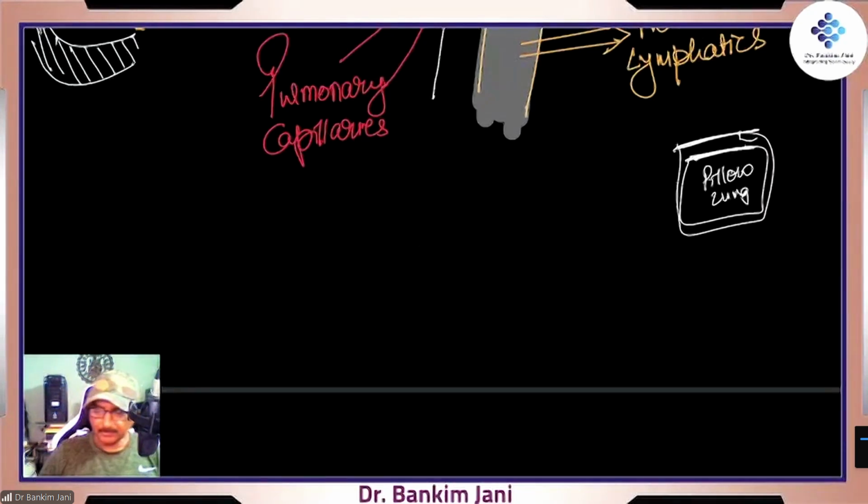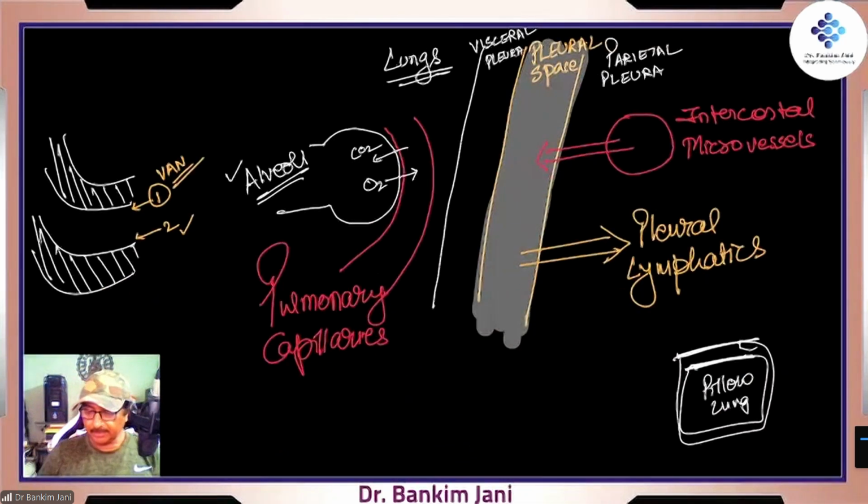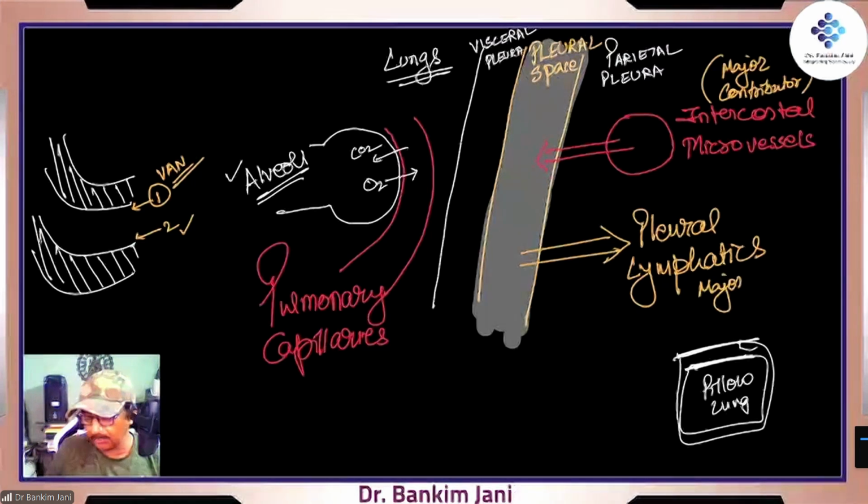So coming back to this, lymphatics is one of the systems where all these fluids are drained. These are the two major mechanisms. That's why we write it: this is a major contributor. Those vessels are important. And this pleural lymphatics, which is taking the fluid out, is the major outflow.